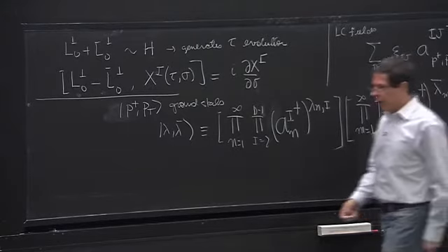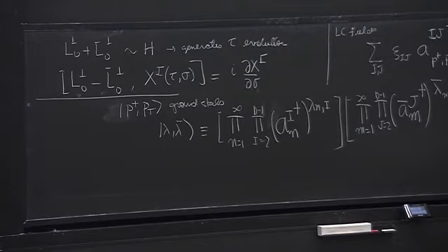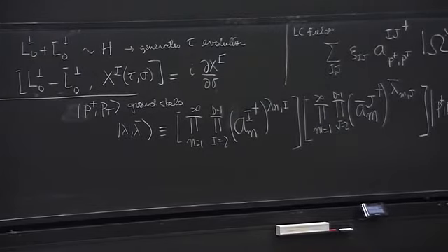So you need to put everything there. Every oscillator can appear and can appear a number of times. So if there was infinite for open string, this is like infinite squared.